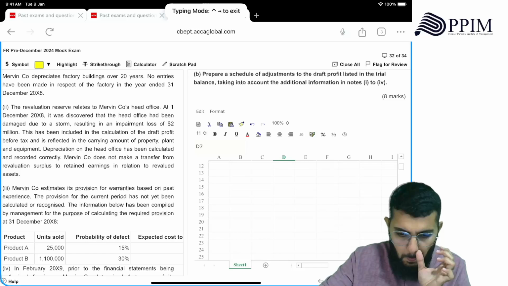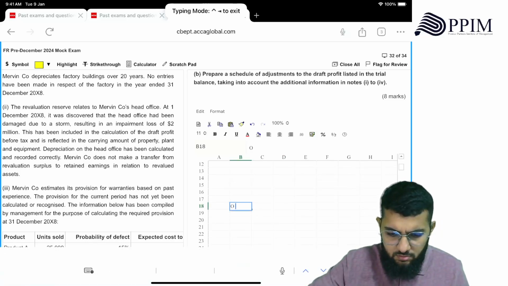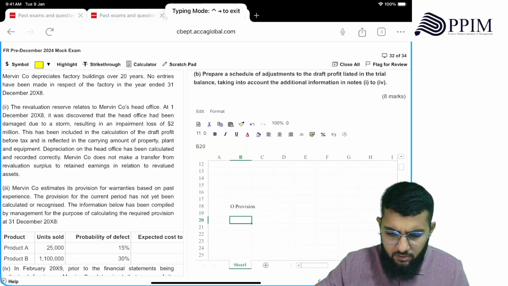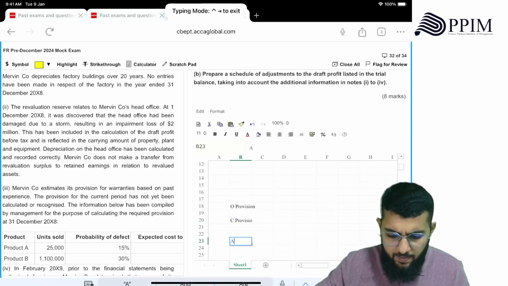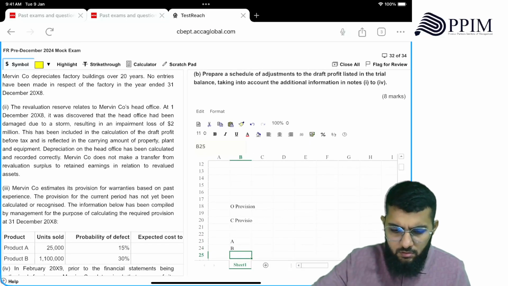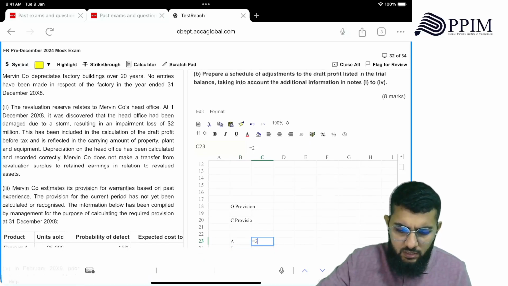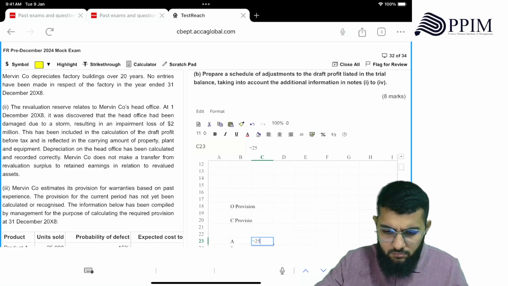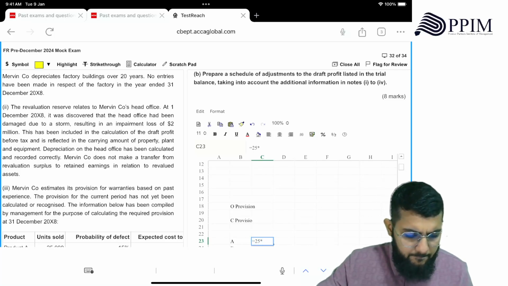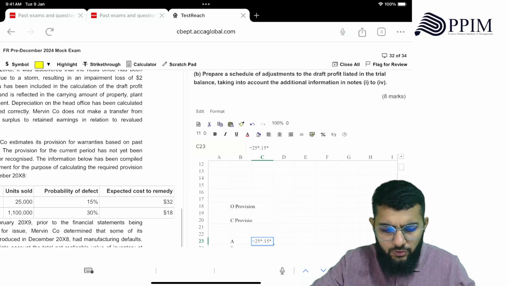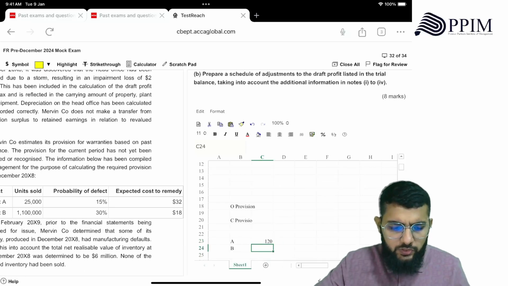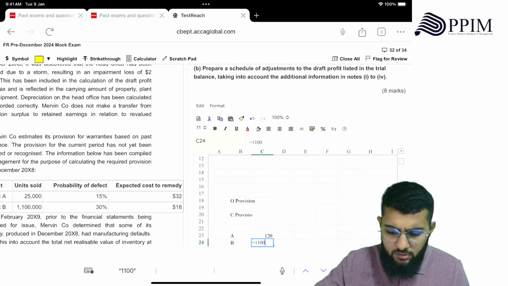And then what were we looking at? Provision, right? Okay. Opening provision and then closing provision. A, B: 25 into 0.15 into 32. Then 1,100 into 0.3 into 18.